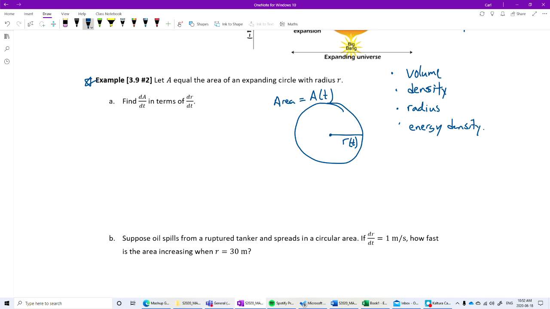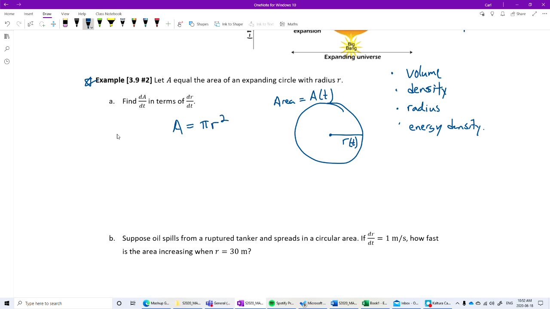It's changing too. So the first step in this kind of problem is, what's the connection between these variables? There's always a relation between them based on either geometry or physical principles. In this case, it is just from geometry. Area is pi r squared, right? So we start there.